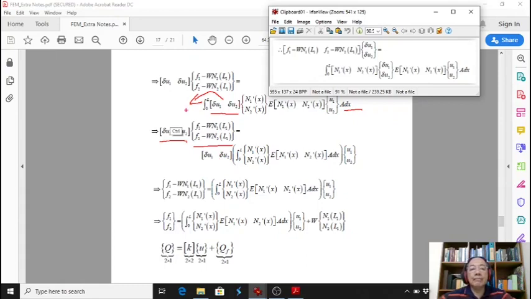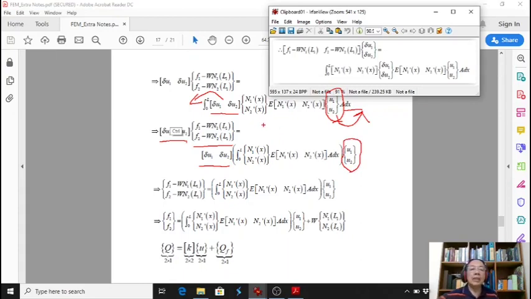So 0 to L, N1 prime N2 prime E N1 prime N2 prime A dx, and this is also not a function of x. This is nodal displacement, so we can put it out, so it becomes this.